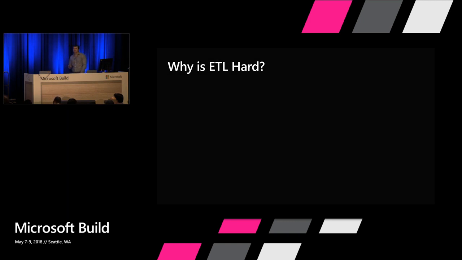All right, so why is ETL so hard? We could all probably name 1,000 reasons, but I put together a list of some common issues. We have things like various source formats being different. Sometimes you're building jobs from JSON or some semi-structured data, or from different types of structured databases.